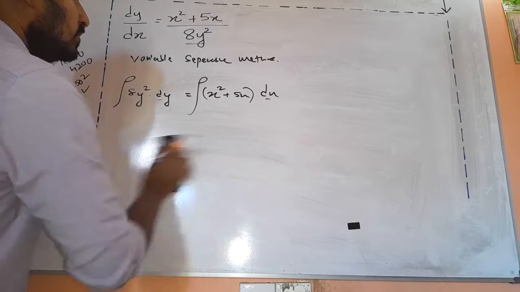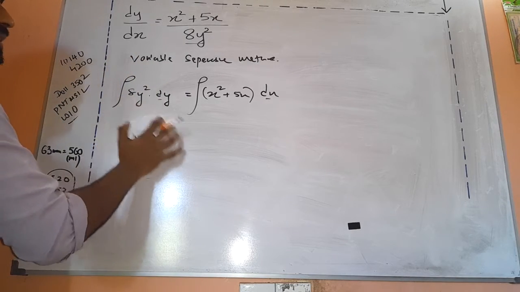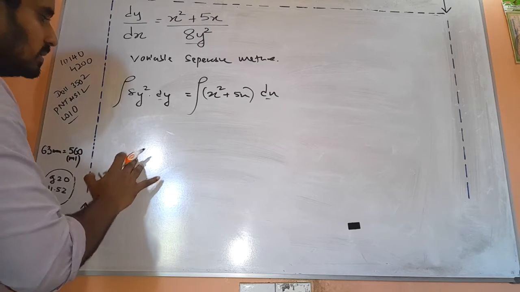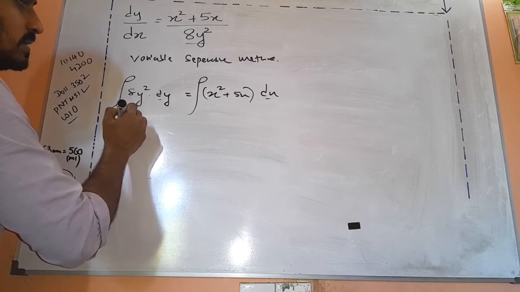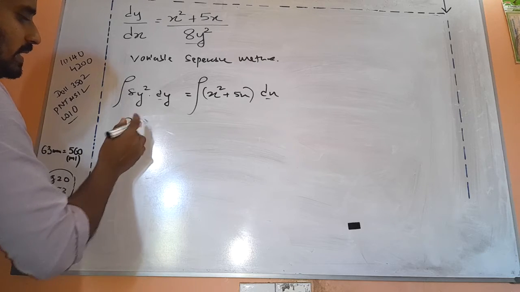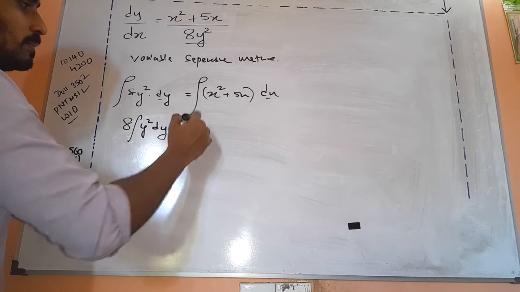Now what is the answer for this? If you have a constant, you can take the constant out. That is also an integration rule. So get the constant 8 out, then integrate y squared dy.